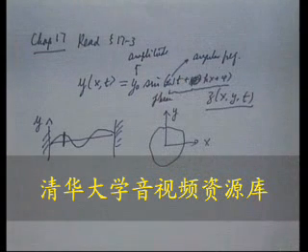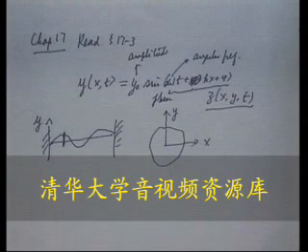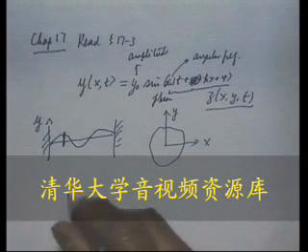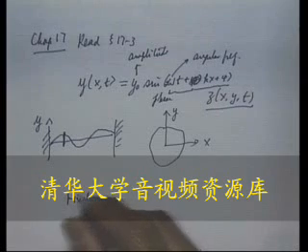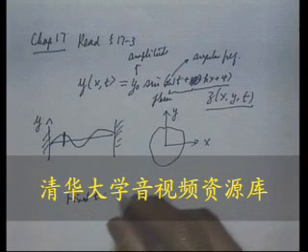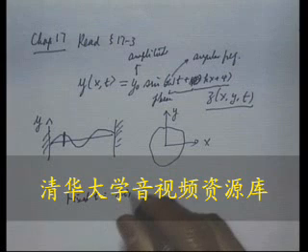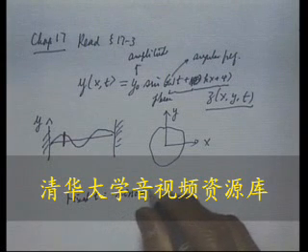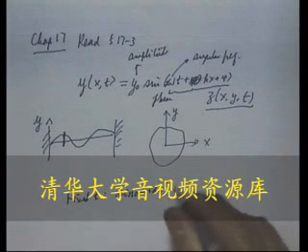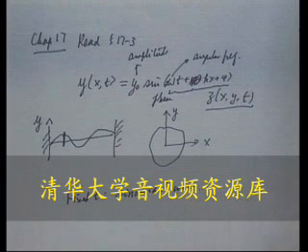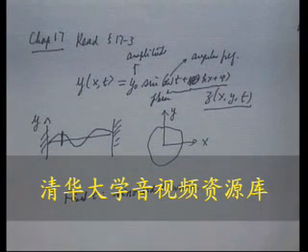Plus minus omega t. For a fixed t, it's a sinusoidal wave. Take a wave. What's the wavelength?